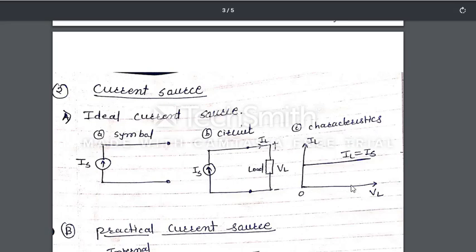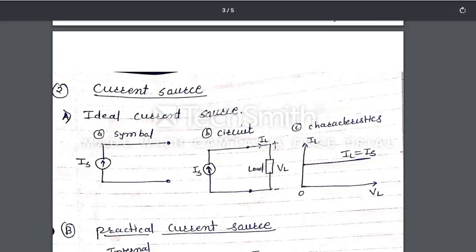From this characteristic you can say at any time the value of the current flowing through the load, that is IL, is same. Okay, आप देख रहे हो यहाँ पे it is same irrespective of the what? Voltage appearing across its terminal, that is VL. Okay, so this is the ideal current source.